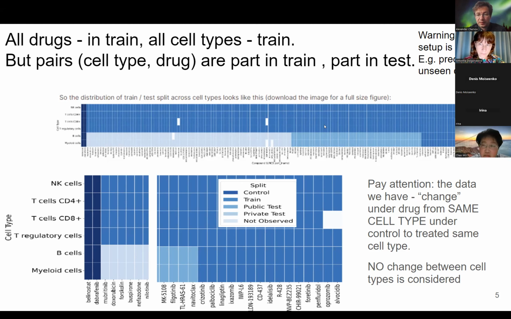For example, a very naive way: you can see that some of the drug names end in IB. That means something like inhibitor. It's not very precise, the naming procedure is not well defined, but still it gives some information.